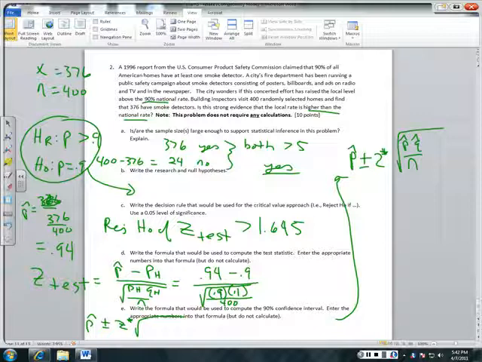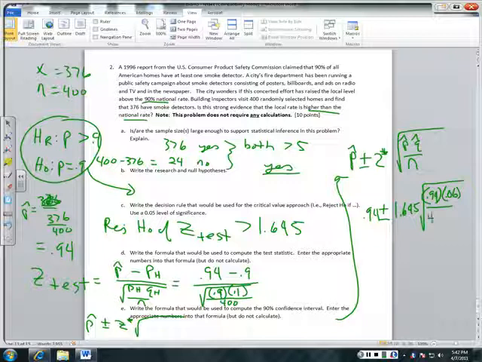And so we had 0.94 plus or minus for 90%, that's 1.645 times the square root of 0.94, the sample proportion, times 1 minus that, 0.06, divided by the sample size of 400. And that's that.